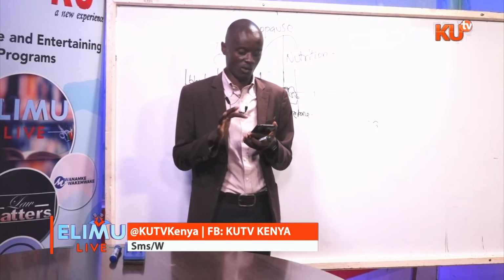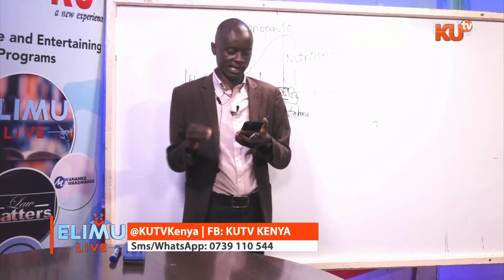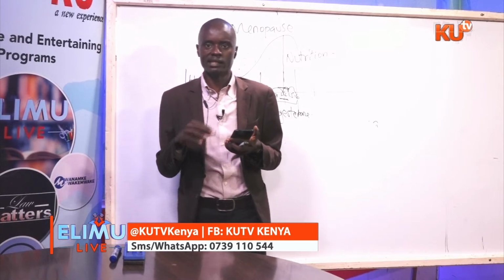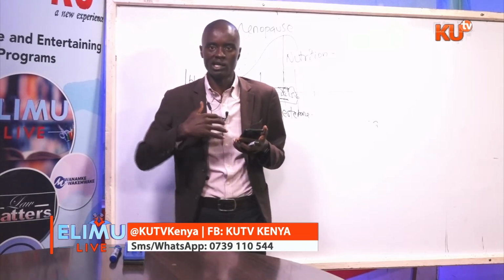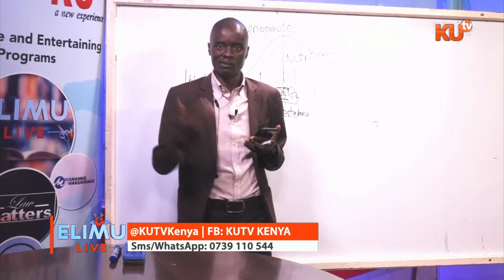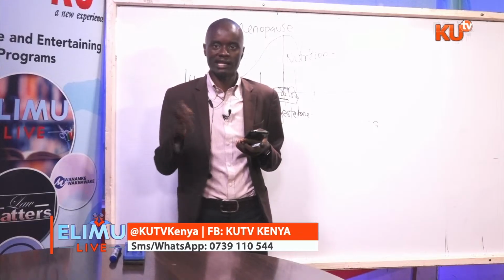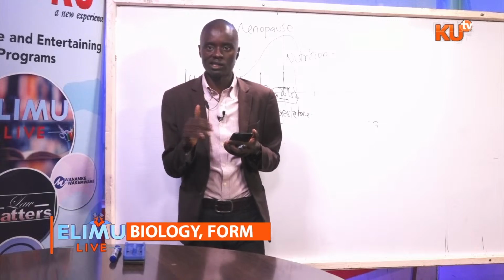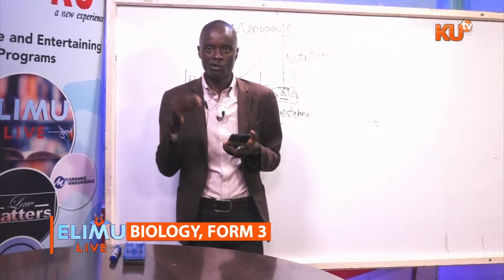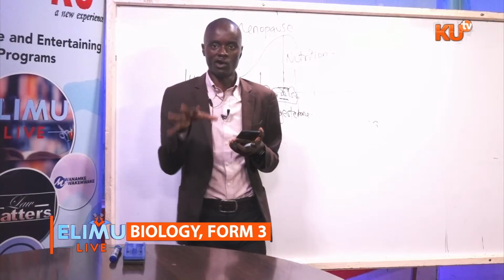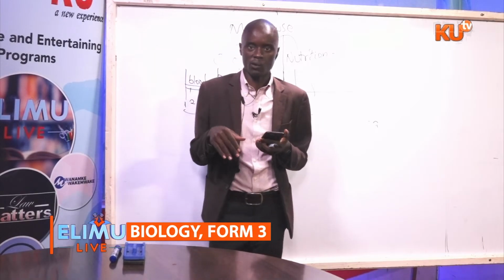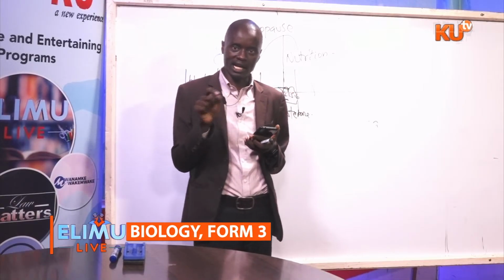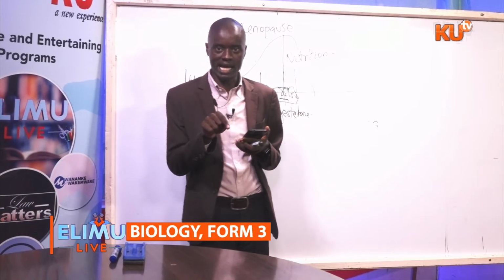That is one. So we have to maintain the menstrual cycle by ensuring that we give the girls and the women foods that are rich in iron. Why? Because iron is required for formation of hemoglobin, which is a protein responsible for the red coloring matter in blood.